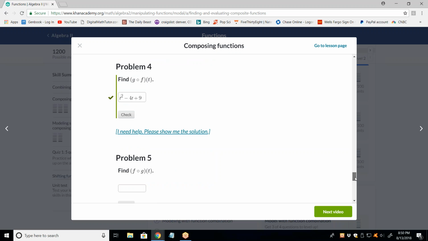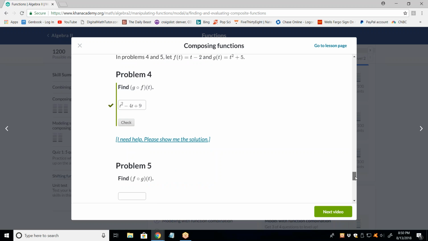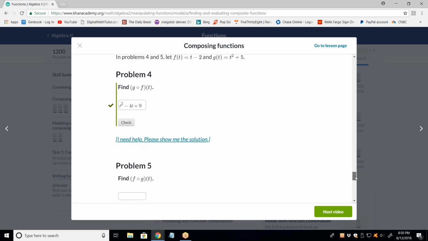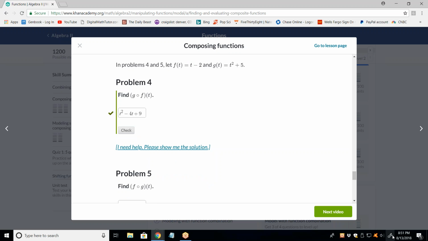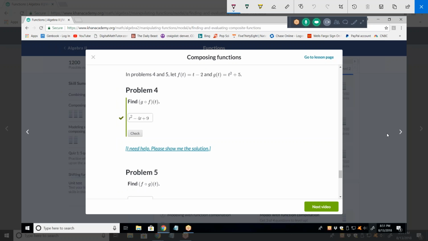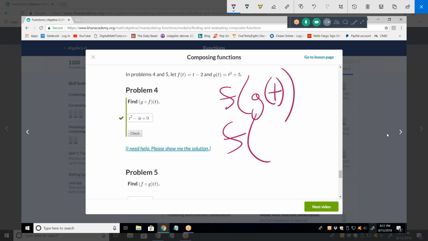Now, that was what is g of f of t. What's f of g of t? Start from step 1, always. So it would be f of g of t, and that would be f of t squared plus 5.